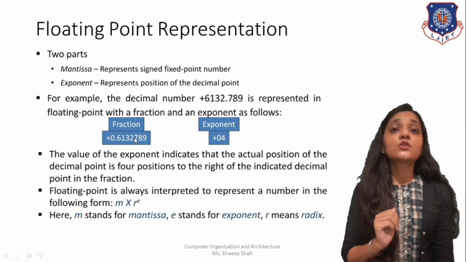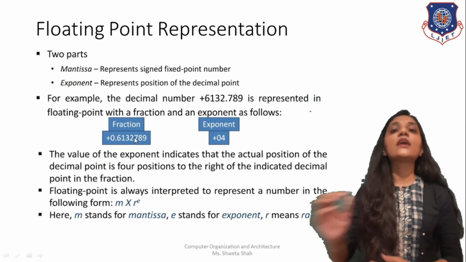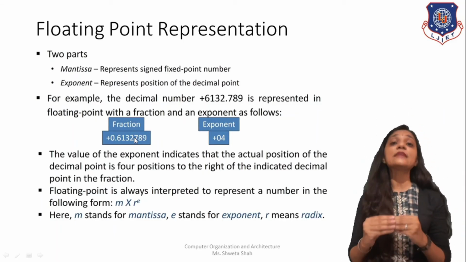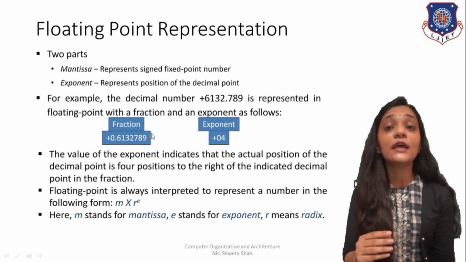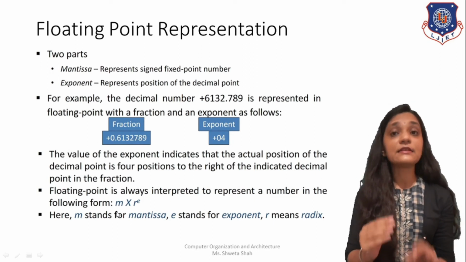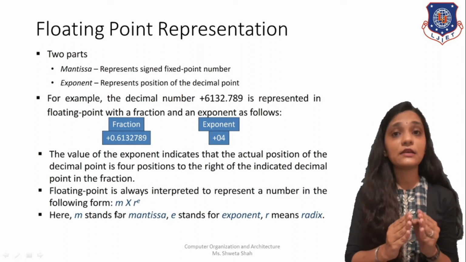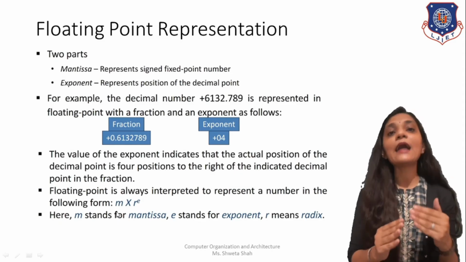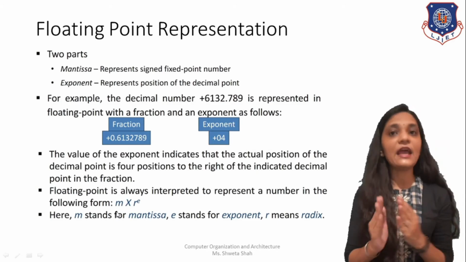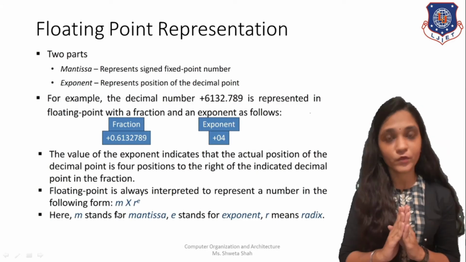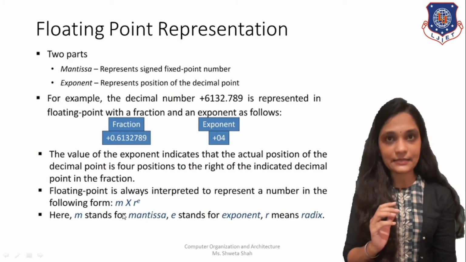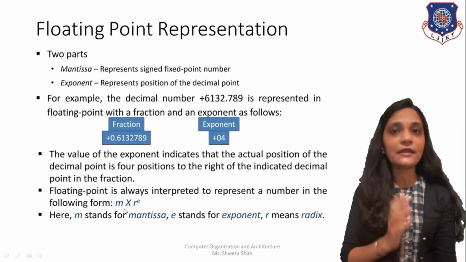So for any number system, we can represent any number in terms of mantissa and exponent. It will be represented as m into r raised to e. Here e represents the exponent, r represents your base, and m represents your mantissa. So for any number system we can represent it like this, and that is true for binary also.